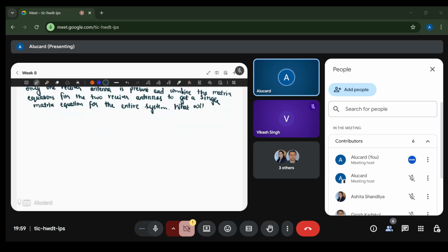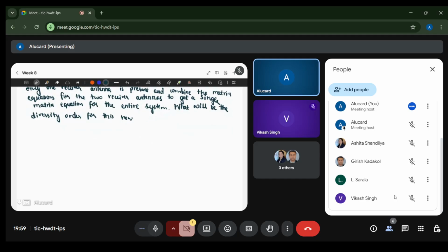What will be the diversity order for this new system?